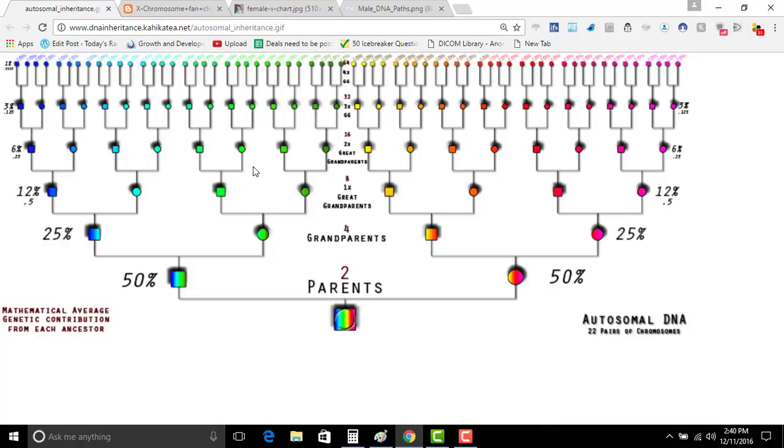Let's go with Irish because of green. Let's say both sets of the second great grandparents here are all Irish. So you have all of these Irish. Well, obviously, if this set of second great grandparents and this set are Irish, then they are going to have Irish children, who are going to have Irish children. But then you have over here, what did I say this was?